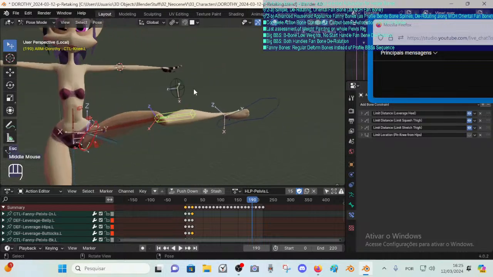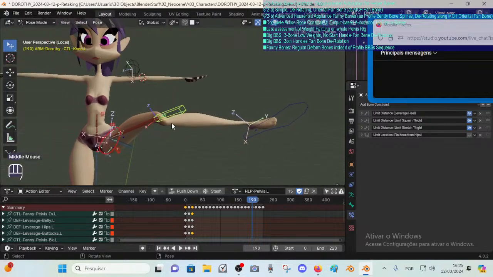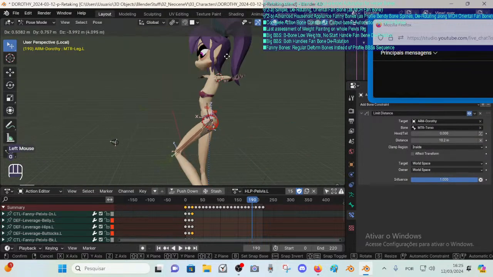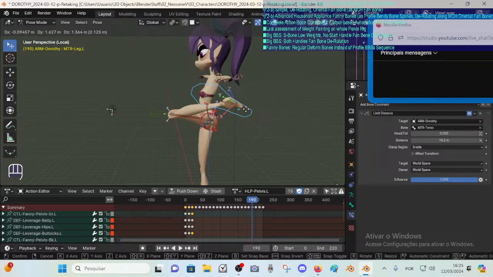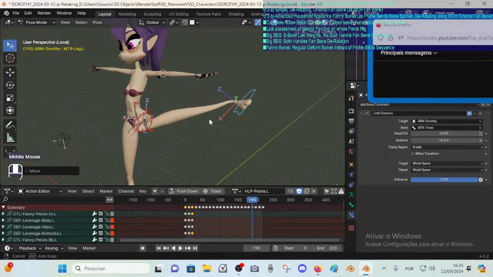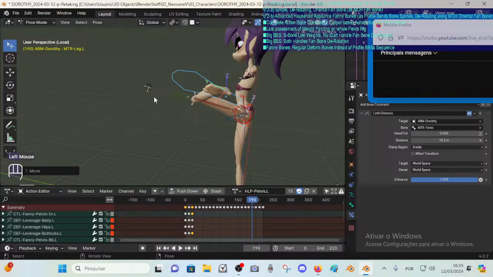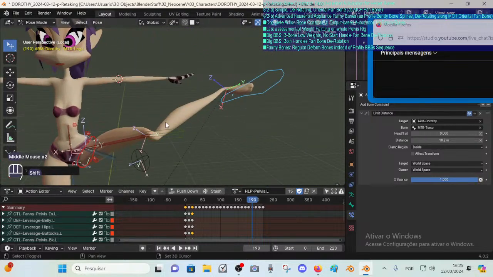So the question here is, imagine I'm animating the leg coming from here to here, but the action I've saved goes from here to here to match that position.